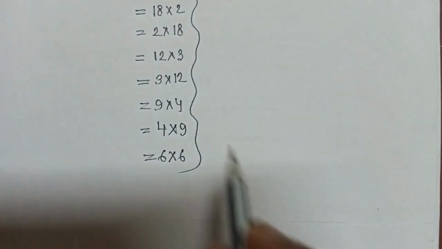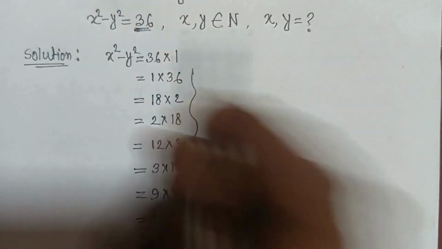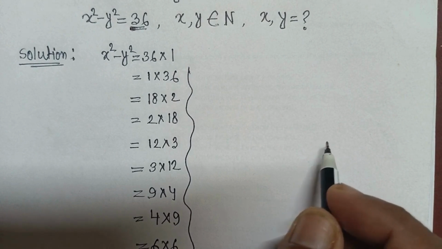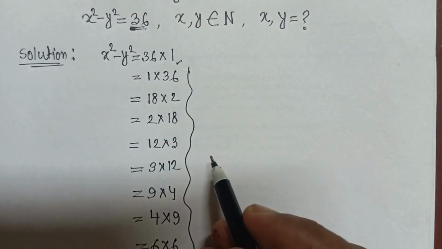So we are getting these values when we factor 36.